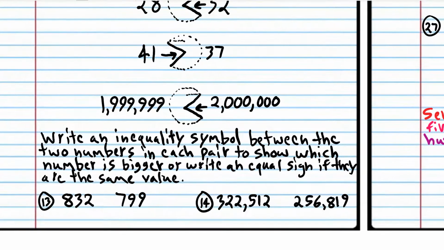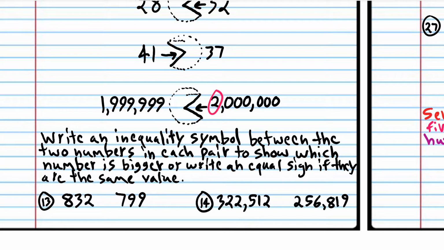Now here's an example where it looks like this number is bigger because there's all these 9s. But notice that you have the same number of digits, 1, 2, 3, 4, 5, 6, 7, 1, 2, 3, 4, 5, 6, 7. So when you have the same number of digits, to figure out which number is bigger, you look to the number that is farthest to the left.